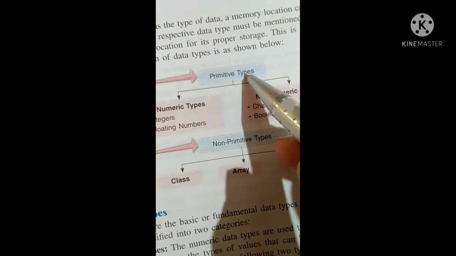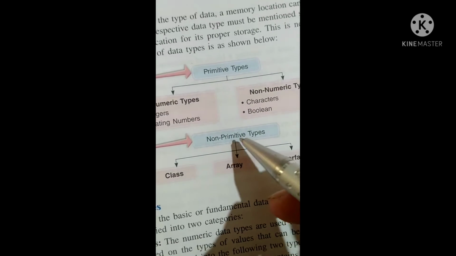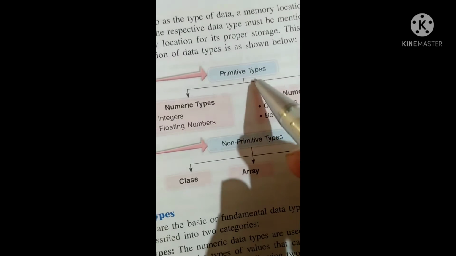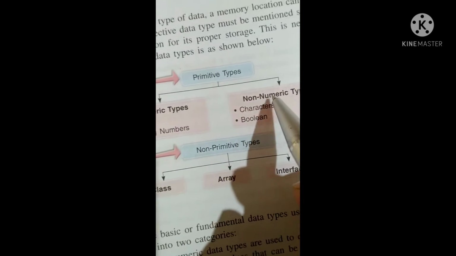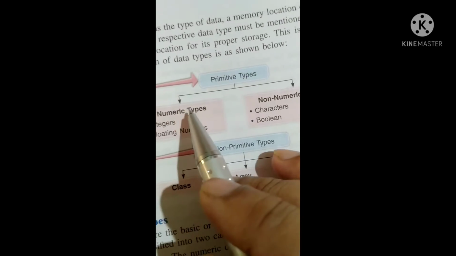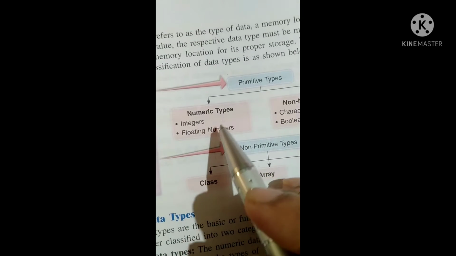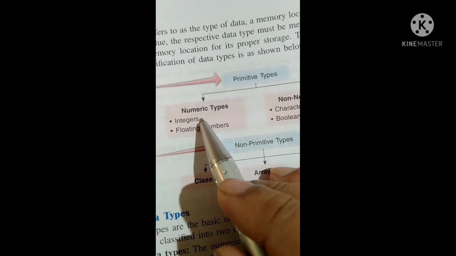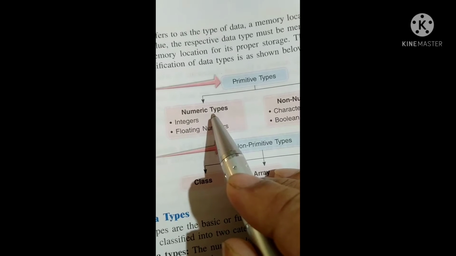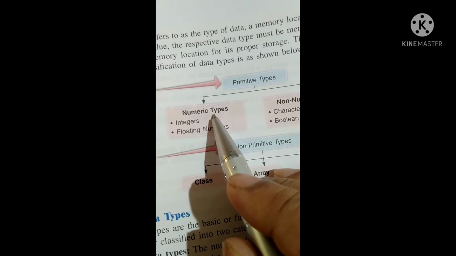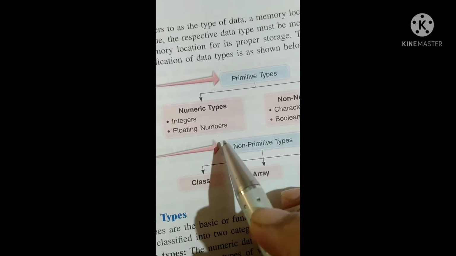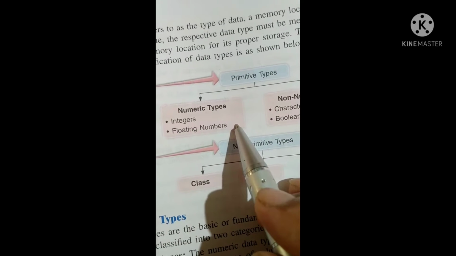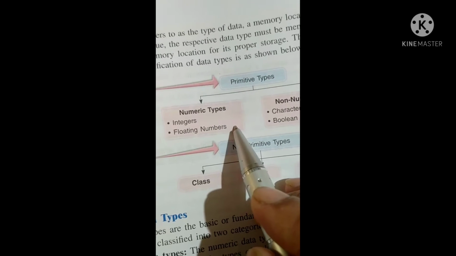So data types are of two types. First, primitive data types, and second, non-primitive data types. In the primitive data type we have numeric types and non-numeric types. Numeric means integers and floats. Integer, I have told you, is without fraction part, without decimal point, and floating numbers are with decimal points.